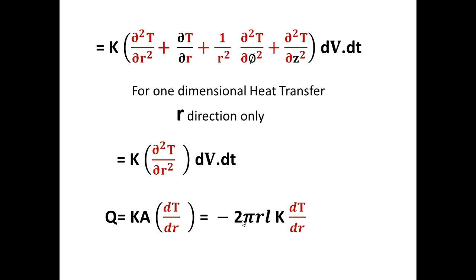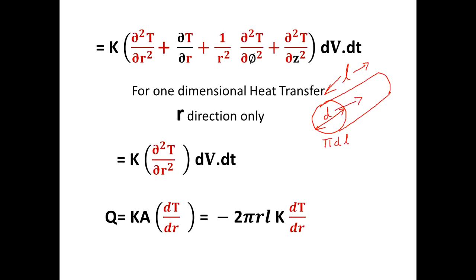How will this come? Let us discuss now. You have the diameter d and the length L, so the surface area is pi d l.